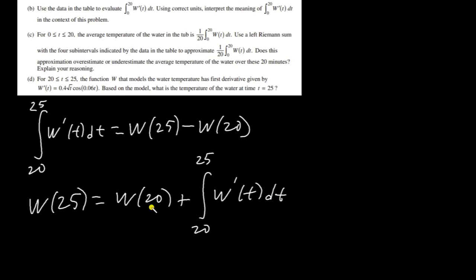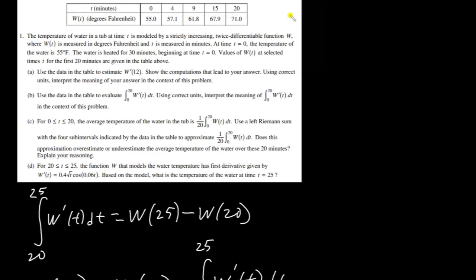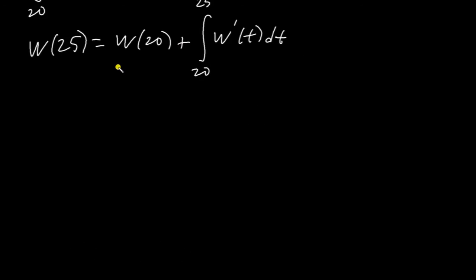It's equal to W of 20 plus the integral from 20 to 25 of W prime of t dt, right? We know W of 20, well, if we look at our table, W of 20 is 71, right? This is 71, and then we have the integral from 20 to 25 of W prime of t.